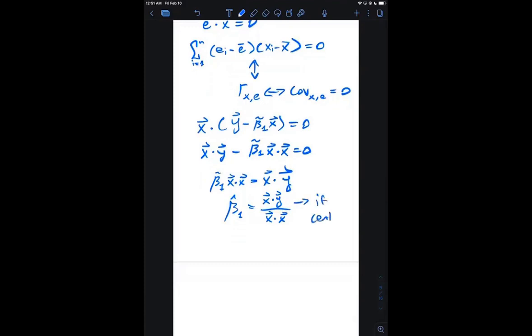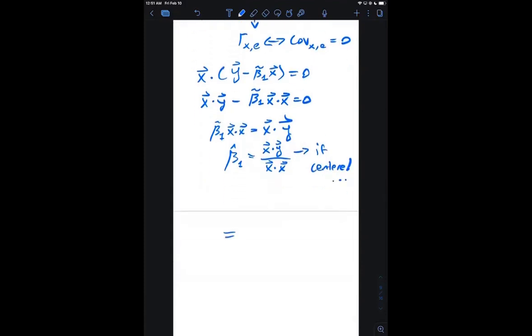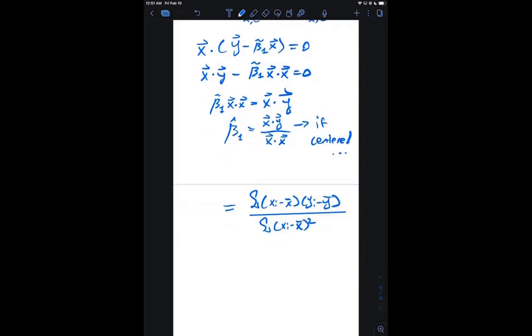If centered, what this becomes is, and remember that when you have a dot product of something with itself, that's the same thing as taking the sum of squares of the thing, which is also, as we saw in the last video, that's why the dot product is also intimately connected to the length.